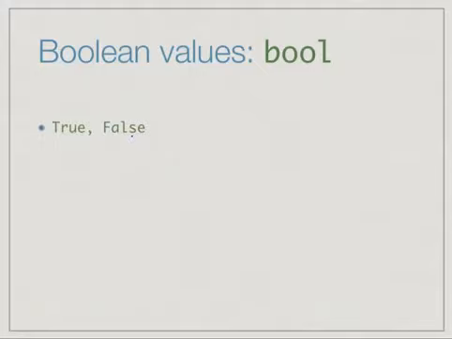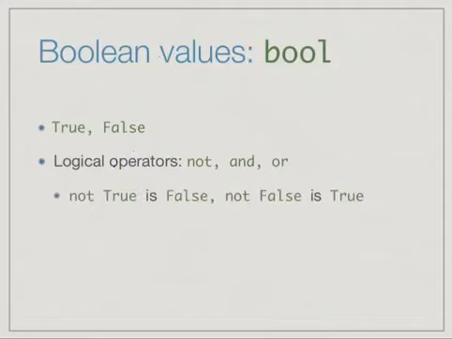So we need to have a way of recording these values and manipulating them. The basic values are True and False. And typically there are three functions which operate on these values. So not negates the value. True is the opposite of false. So not applied to true will give us false. Not applied to false will give us true.